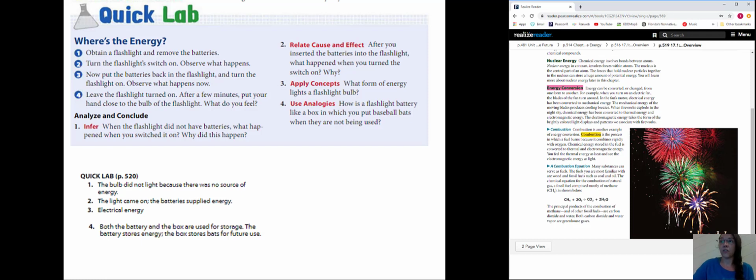All right, so look over on your left side and we're going to look at a quick lab. So where's the energy? The first thing we want to do is get a flashlight, and we're going to check this guy out, and we're going to see if he works. All right, so we have our flashlight and it's working. Now we're going to go ahead and remove the batteries.